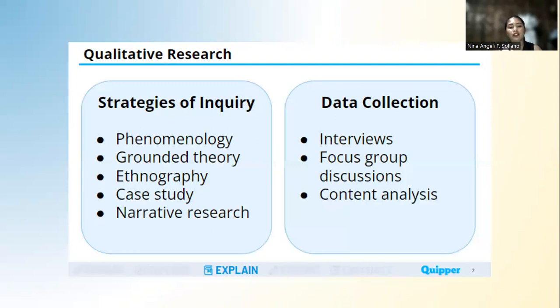So here are the strategies of inquiry in the qualitative research and the data collection. We will talk about these strategies further as we go along in our next topic for midterm. For strategies of inquiry, we have phenomenology, grounded theory, ethnography, case study, and narrative research. And how are you going to collect data?